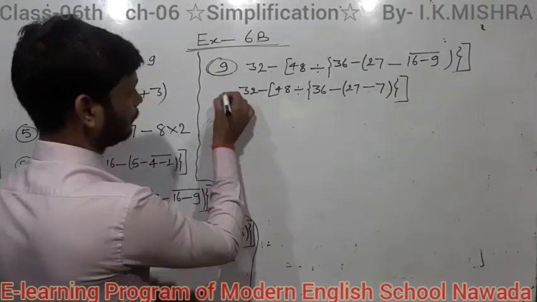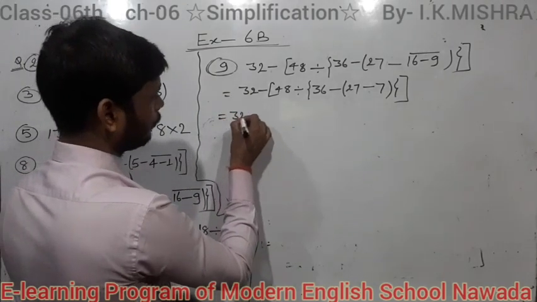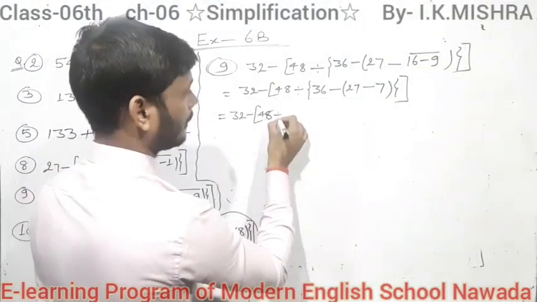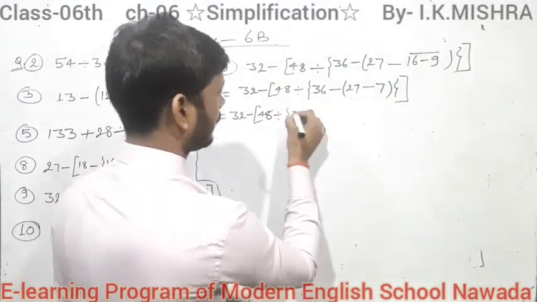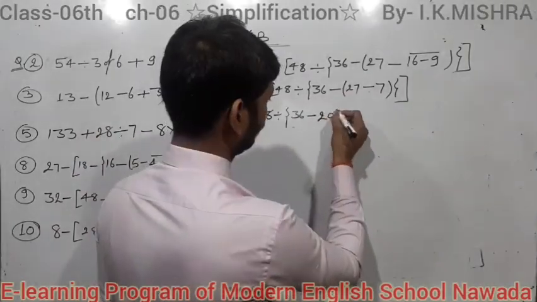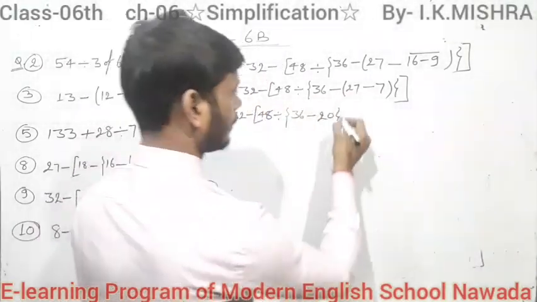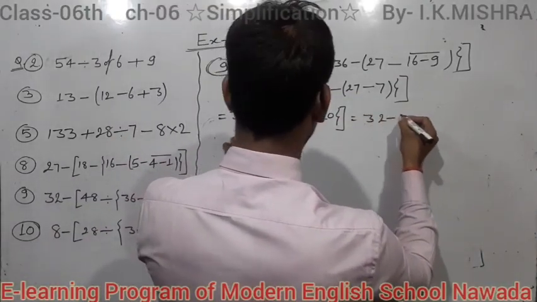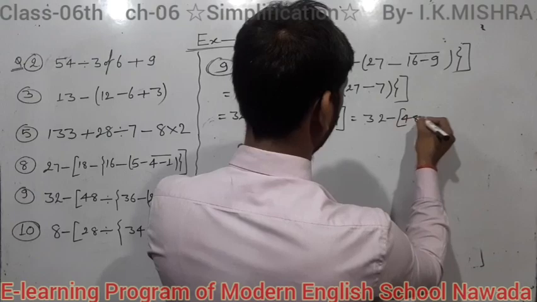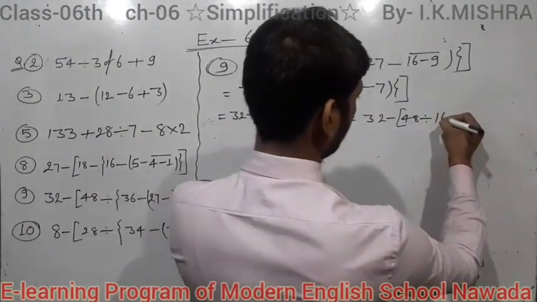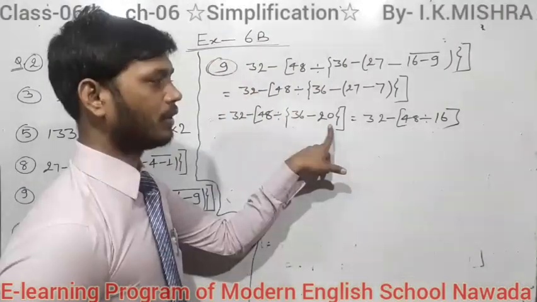After that, students, 32 minus 48 divided by here 36 minus, do the operations, 20. Students, after that, 32 minus 48 divided by, do the operation, that means divided by 16, and curly bracket is removed.